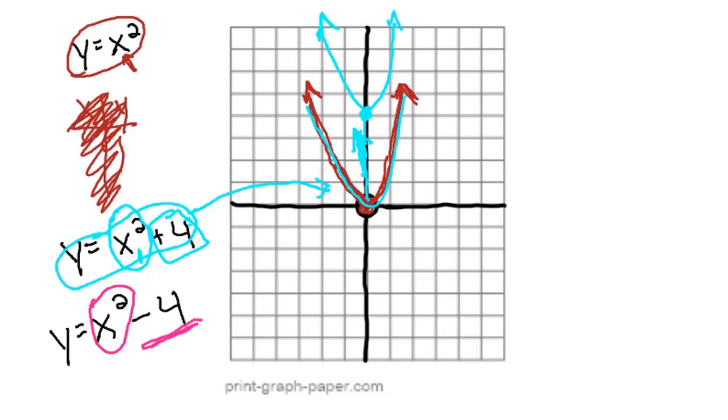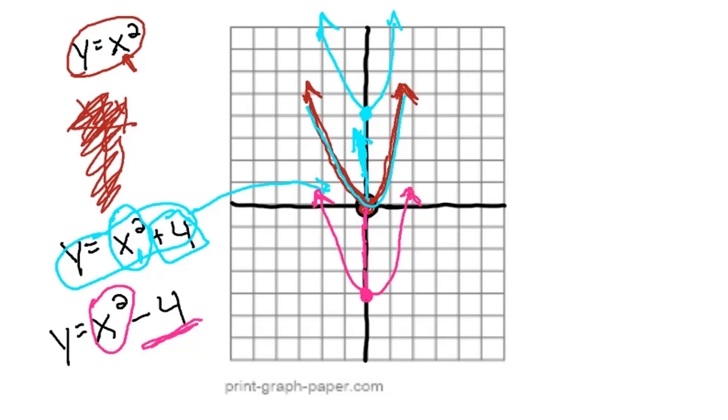So a minus 4 just means we're going to shift this entire smiley face down 4 boxes. So 1, 2, 3, 4. So here's where I'm going to plot the point for the 0, and we're just going to draw the smiley face down this way. So see, we just moved the entire parabola down 4 boxes.